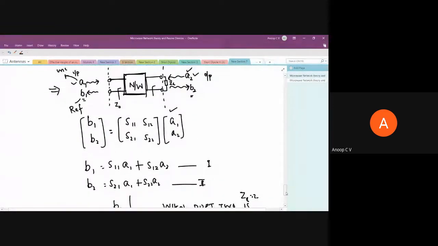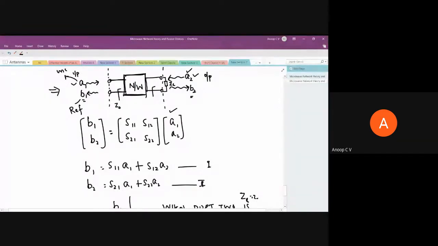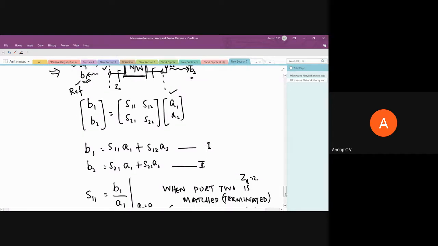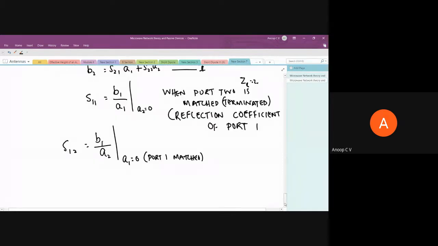When port 1 is matched, if you are giving A2 at port 2, what will be the normalized voltage available as output in port 1? That is B1 by A2, the ratio of output at port 1 when A2 is given at port 2, if the load is perfectly matched. It is B1 by A2 when A1 is equal to 0.